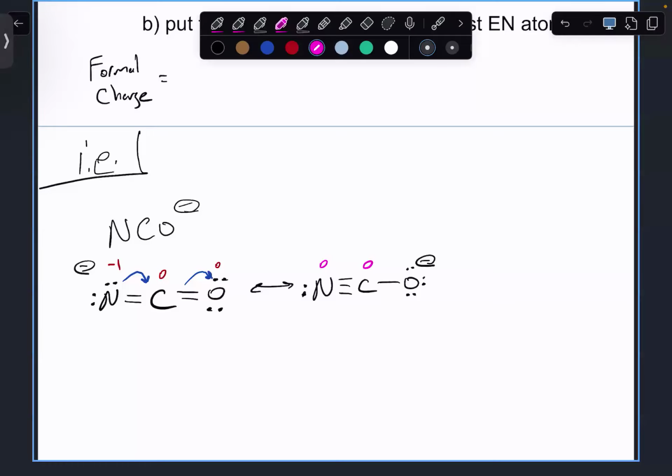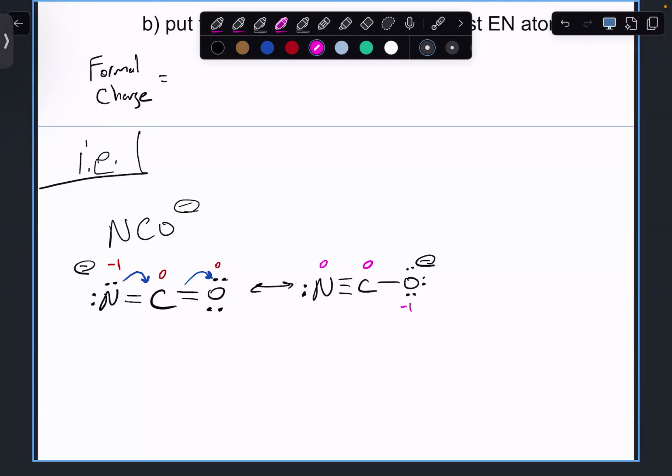You could go through and figure out what the formal charge is on oxygen, or you could say, well, I know the sum of all 3 formal charges has to equal the overall charge. That's 0 and that's 0, and the sum has to be a -1. The oxygen's got to be -1. Or again, you could just go through that formal charge calculation and prove it.